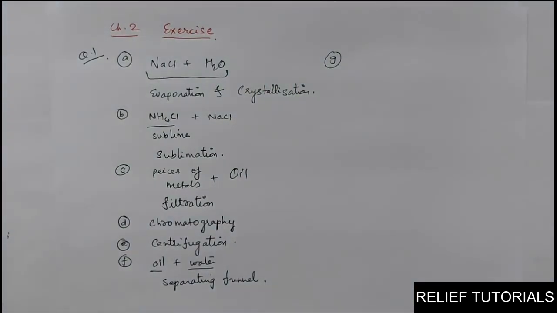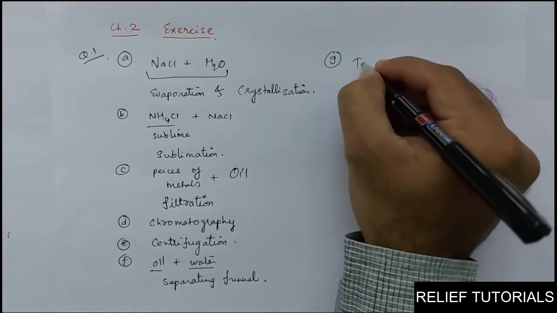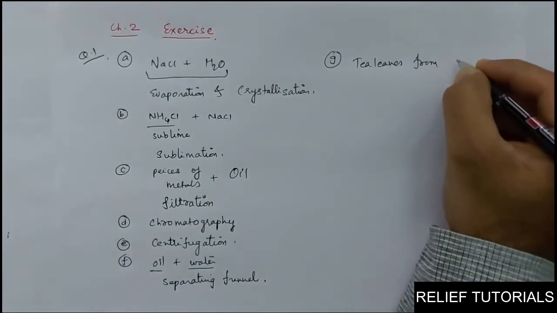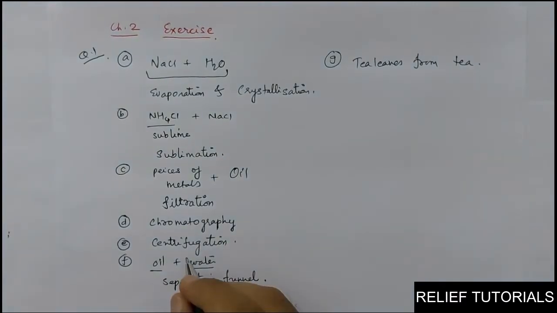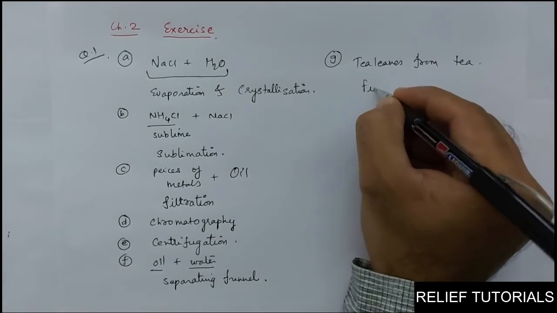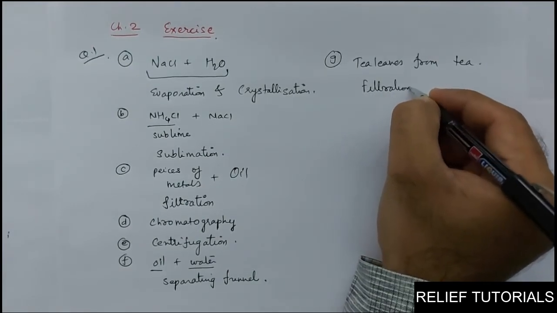Next is tea leaves from tea. How will you separate tea leaves from tea? I think it's very easy to understand that they can be easily separated by the filtration process.